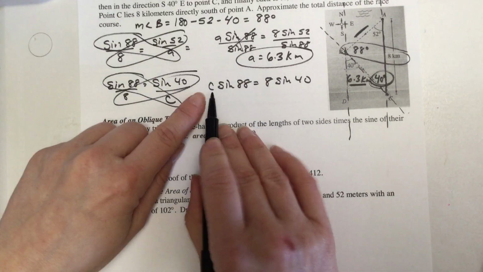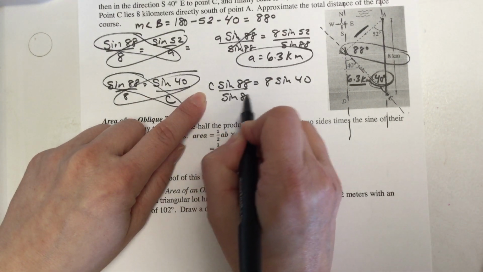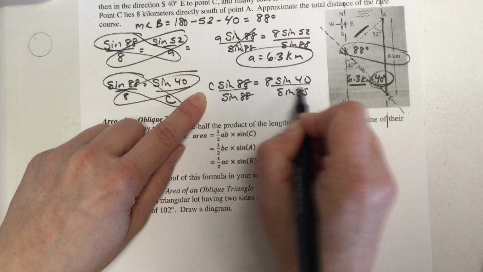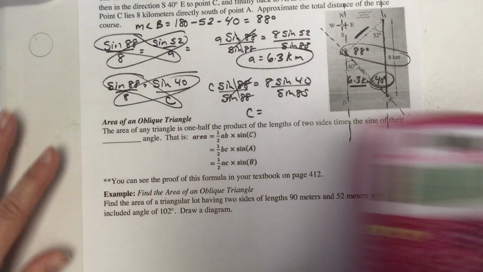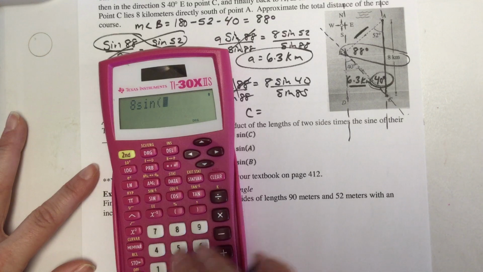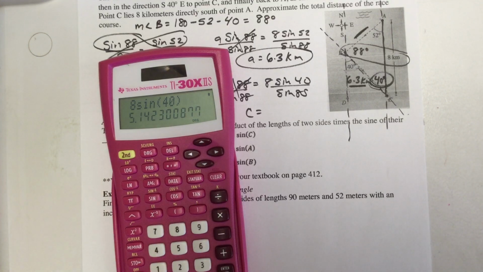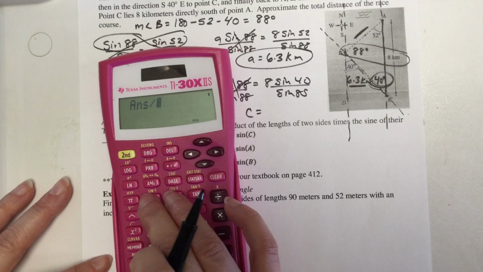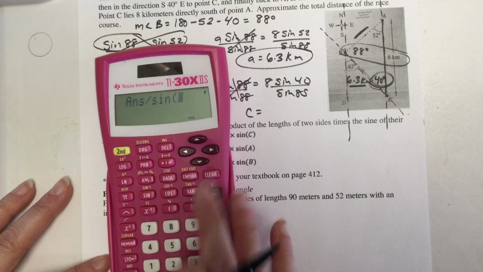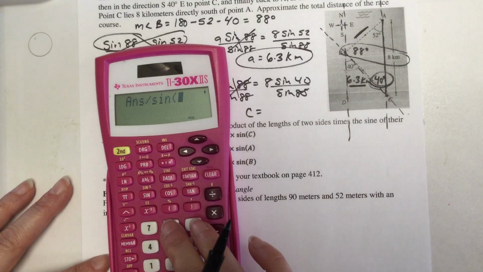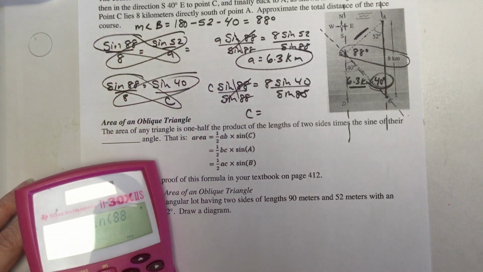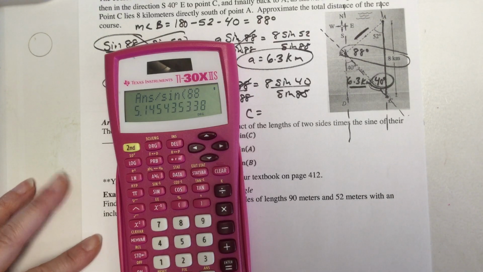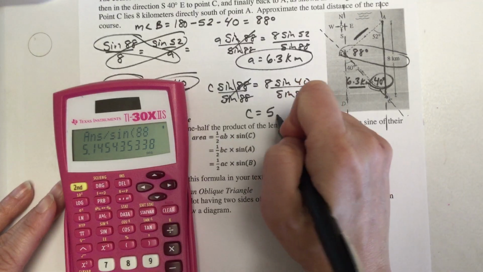Now I'm trying to solve for C, so I need to divide both sides by the sine of 88. So C equals 8 times the sine of 40 equals. Now divide that by the sine of 88. Yep, making sure. Okay, I get 5.1.